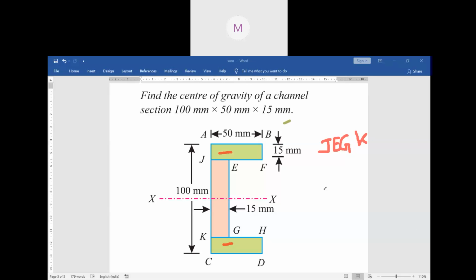After you have finished solving this numerical, I'll give you the PDF. Or else tomorrow we'll discuss. Then after that, we'll give you the next numerical. Just try it out. I'm here.